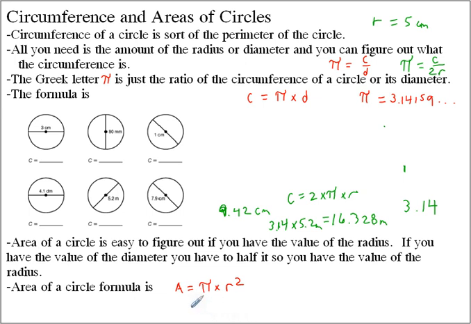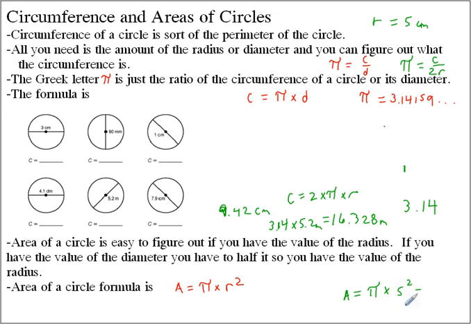So let's just say the area is equal to pi times radius squared. Remember this problem up here, 5 centimeters. So we just plug it in. The area is going to be equal to pi times 5 squared.